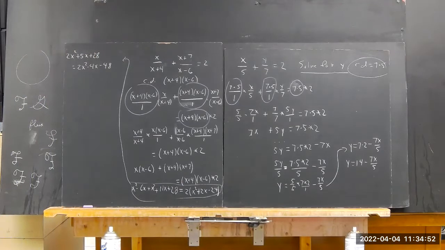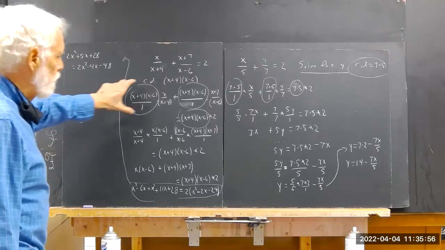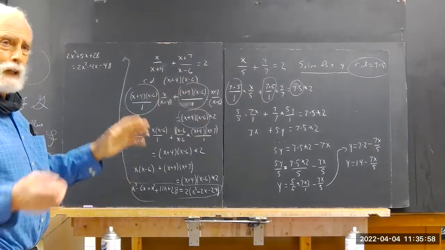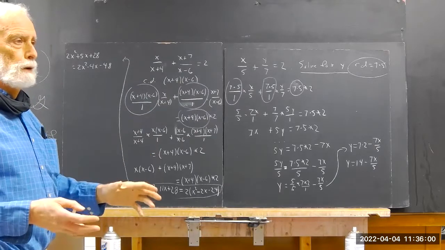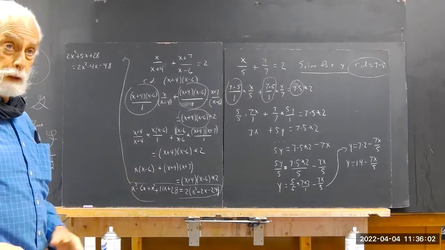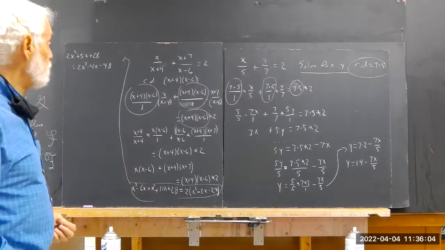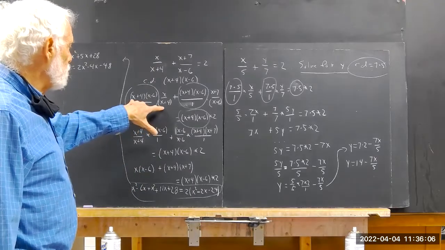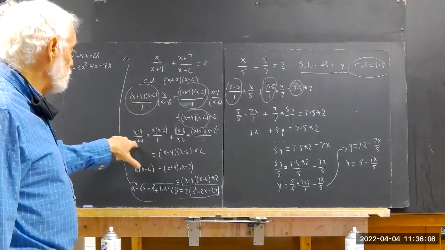Now take a good look at that. Again, this process, after a while, when you really get used to it, you don't necessarily have to write out every step. You see what's going to happen. You can see here that the x plus 4s are going to match up and leave you this.